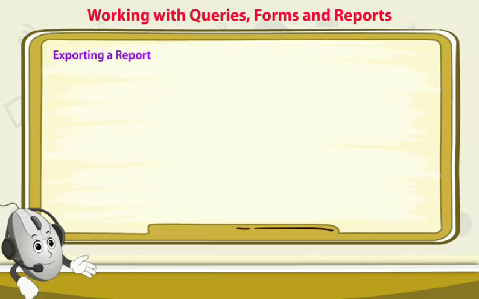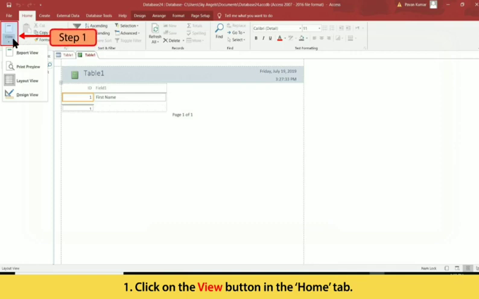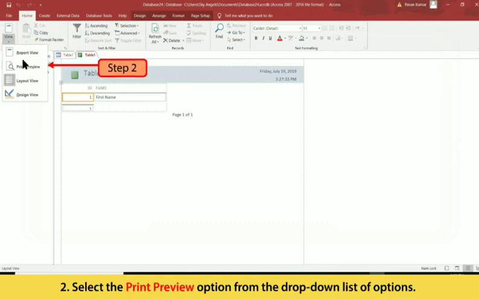Now let's learn exporting a preview report. Follow these steps to export a preview report. Step number 1: click on the Print Preview button in the Home tab. Step number 2: select the Print Preview option from the drop-down list of options.